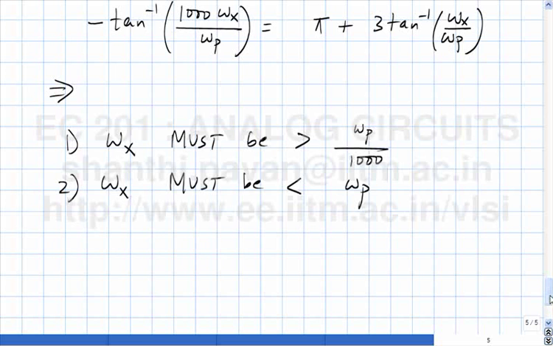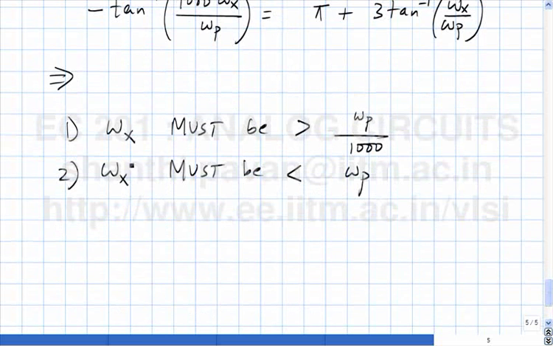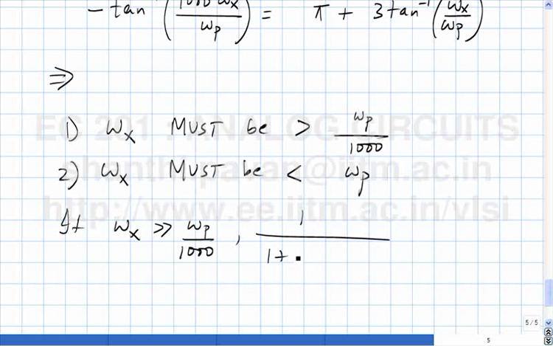Second dirty way of finding the solution is to notice that if omega x is much larger than omega p by 1000, then 1 by 1 plus s by omega p times 1000 contributes minus 90 degrees.